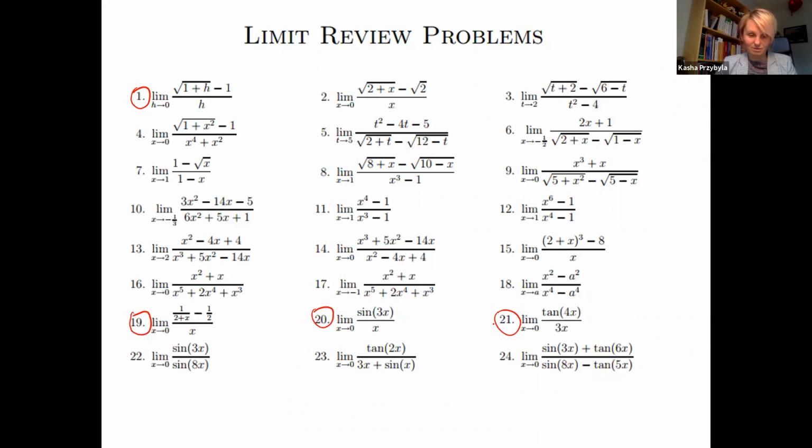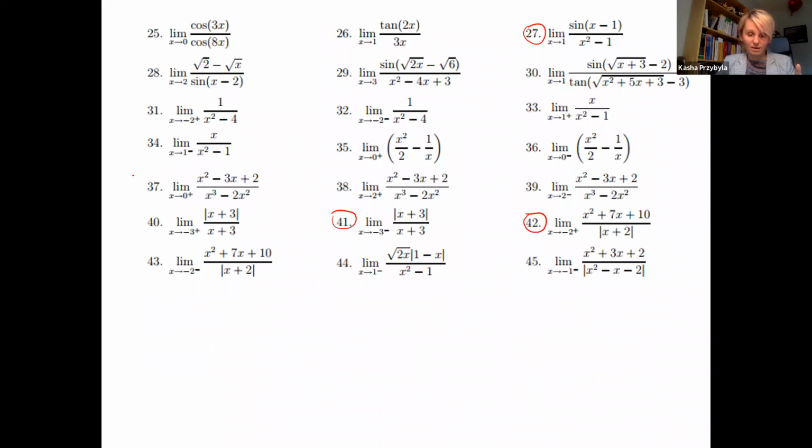the square root expression, and this one, absolute value, and actually this. Okay, that means I did circle some of them that you should focus on.